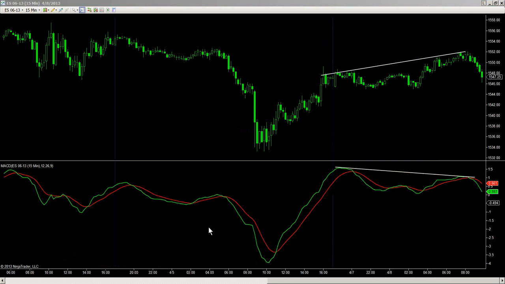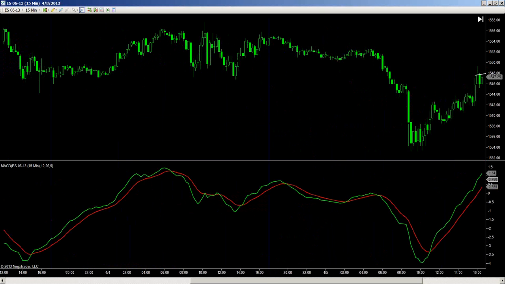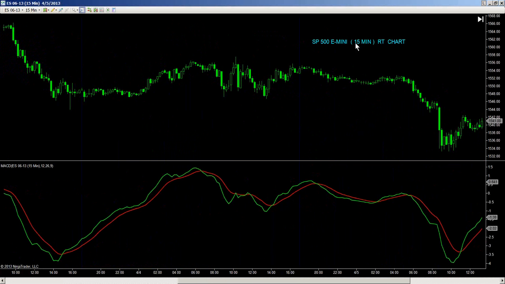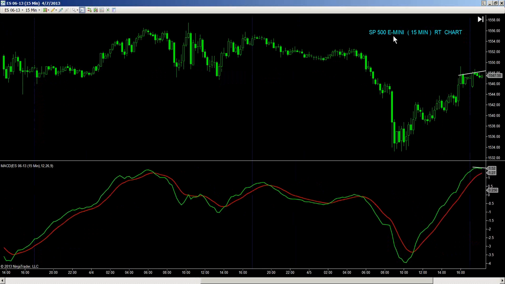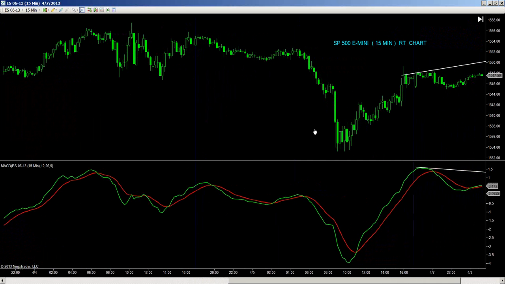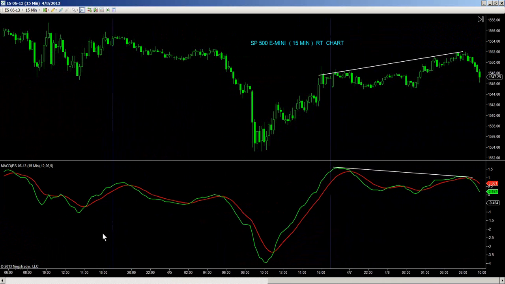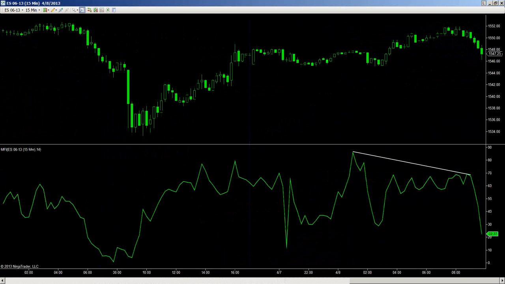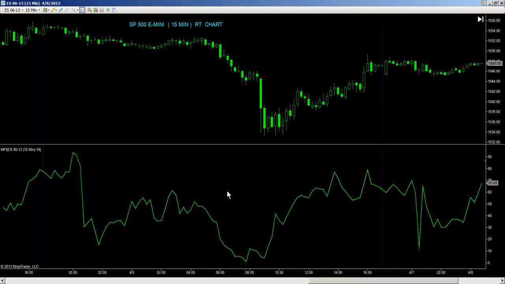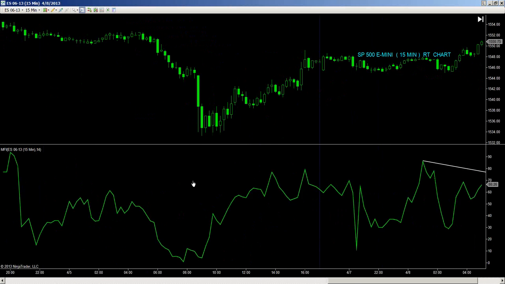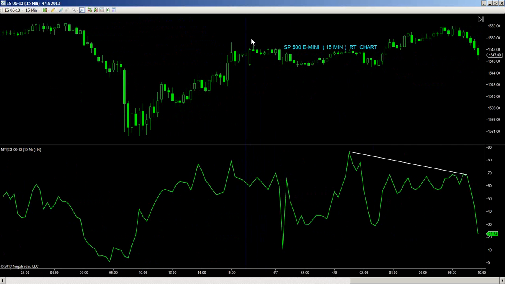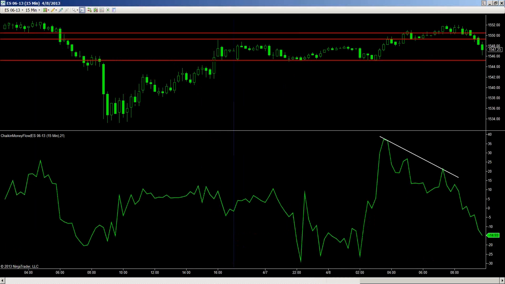Here's your 15-minute chart set up on the MACD indicator, right here. Let's get this so everyone can see this. Here we are. Excellent positioning still in play for this trade.